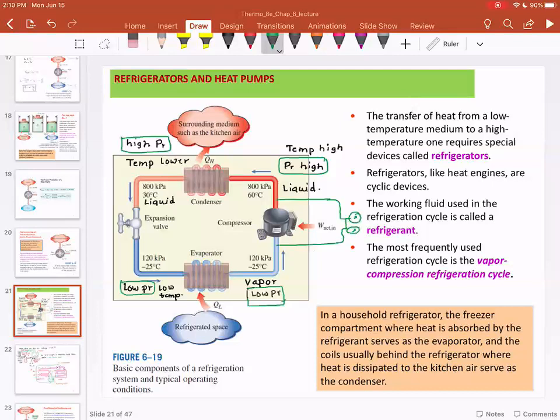And along with that, they have thermocouples, which are attached to either side of the compressor. With just a manifold gauge, you can diagnose the entire air conditioning and refrigeration system.